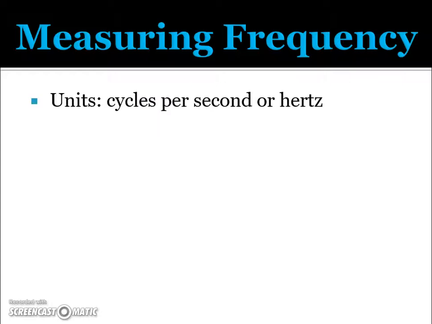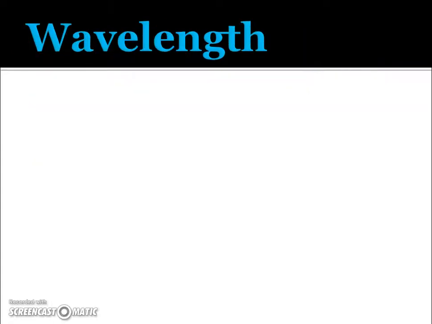And we measure frequency in cycles per second, or in the abbreviation of hertz. So capital H, lowercase z. So if you see 10 hertz, that means frequency. Frequency is also represented by a lowercase f in the formula, and we'll get to that in just a minute.